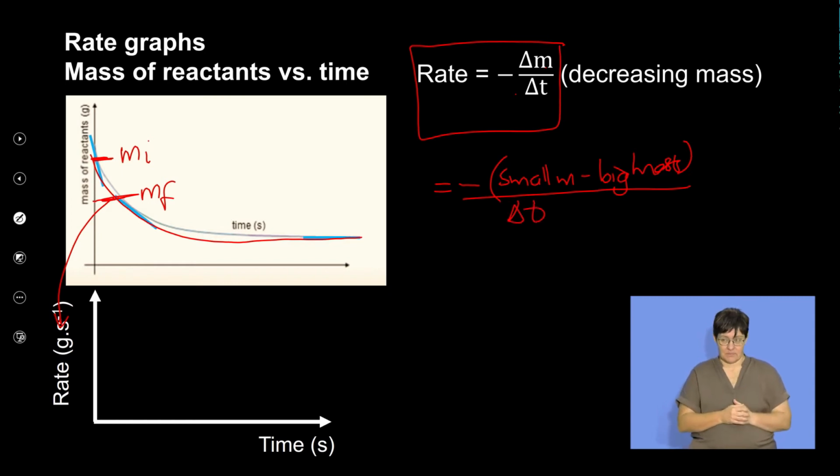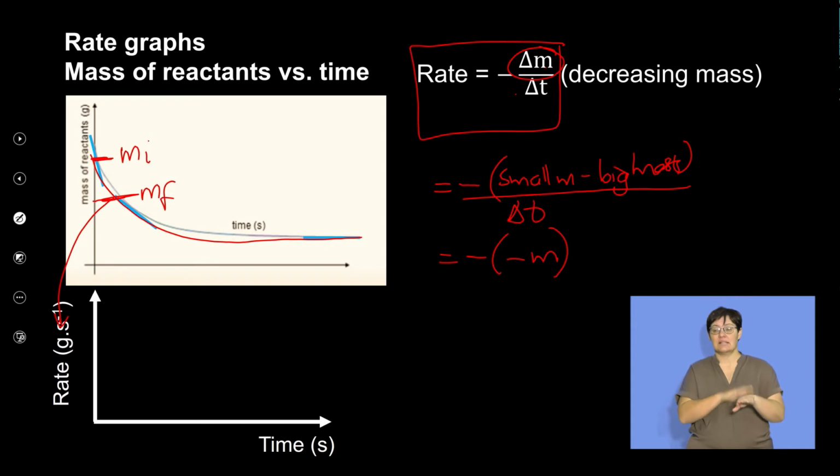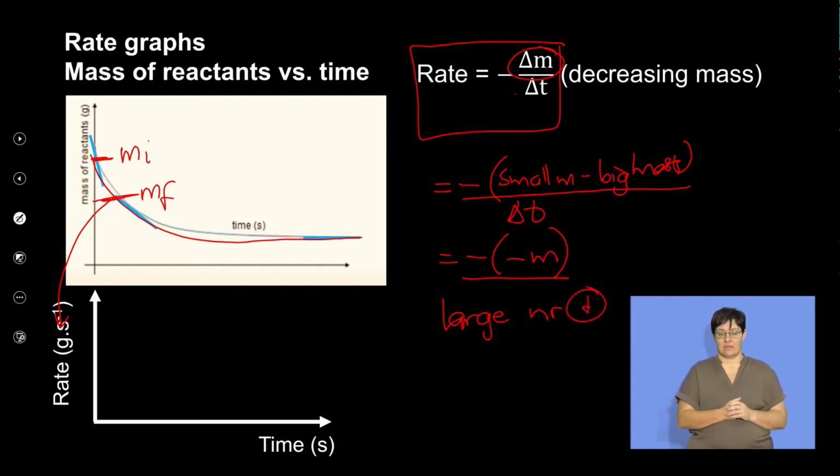So our answer for the change in mass will then be a negative number, and that negative change in mass times the negative in front because of the decrease will then lead to a positive answer, a large positive number.